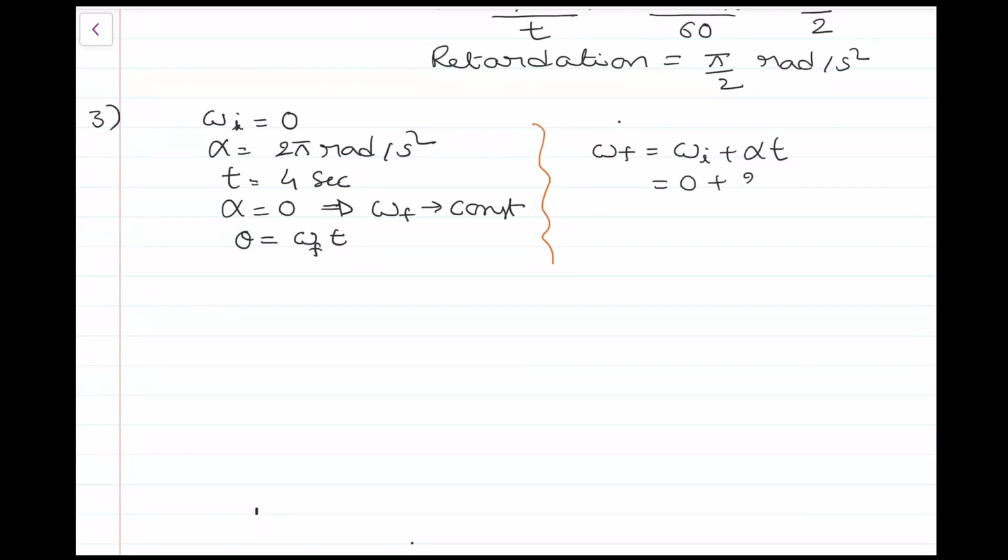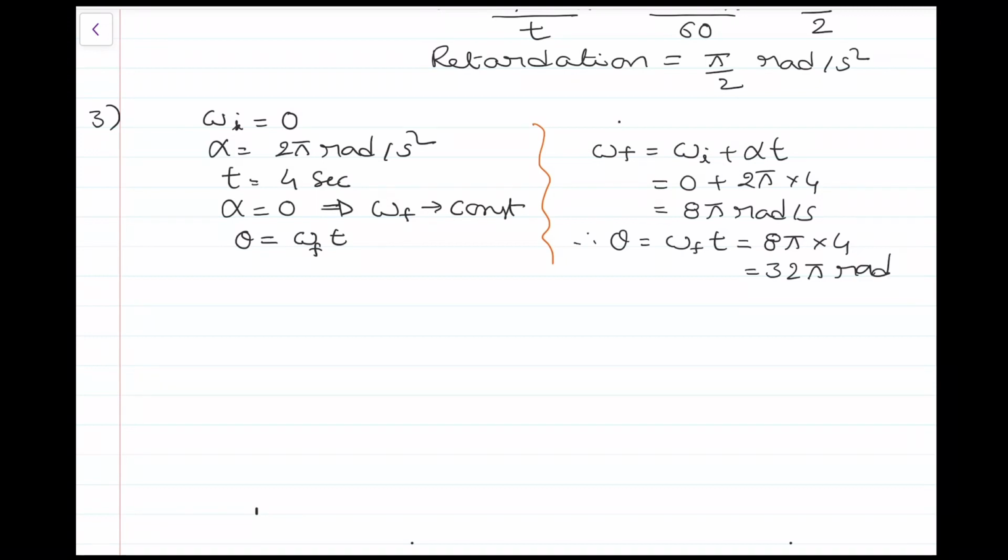Alpha is 2 pi, time is 4, so 8 pi radian per second. Therefore, angular displacement theta is equal to omega final into t. So, 8 pi into 4, that is equal to 32 pi radians. This is the answer.